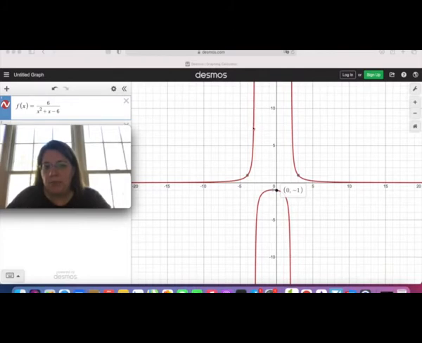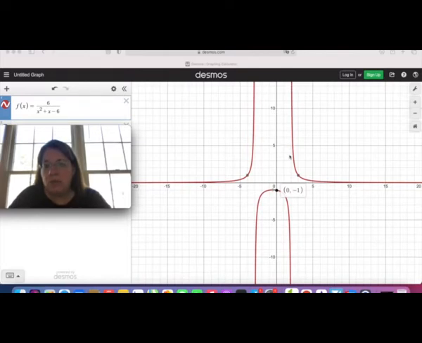It approaches the x equals -3 line on this side, and it does the same thing on this little parabola-looking portion of the graph. It's not a parabola, but it looks like one. It's approaching the x equals -3 line here, and it's approaching the x equals 2 line here. So you can see how Desmos approaches the asymptotes. You can also see that asymptotes are not labeled.